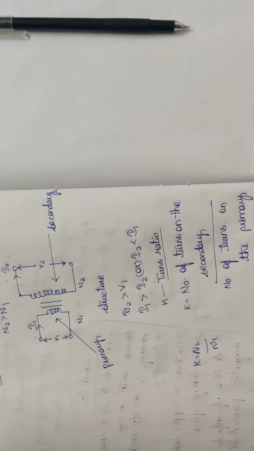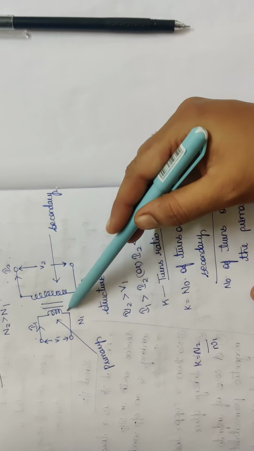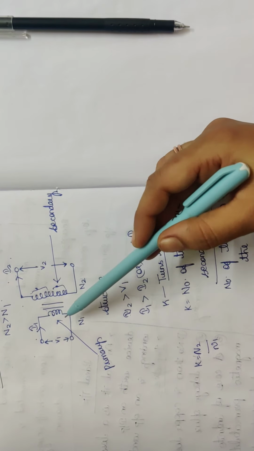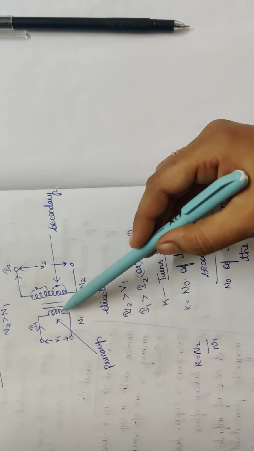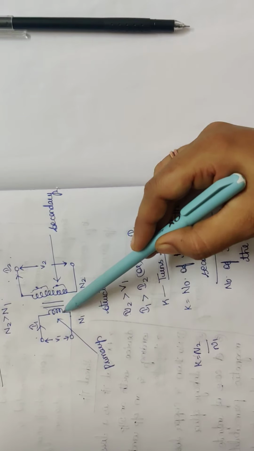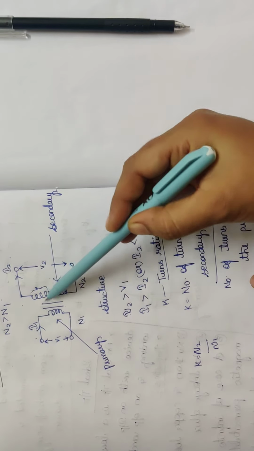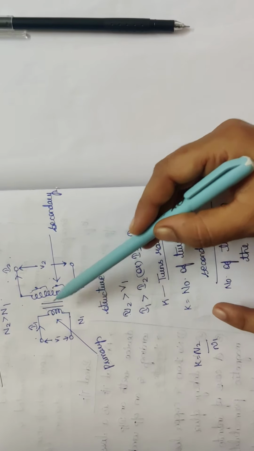An important point to note is that a greater number of turns means the voltage will be higher. For example, if one winding has twice as many turns as the other, the voltage is stepped up, that is, doubled. If it has fewer turns, then the voltage is stepped down to half.